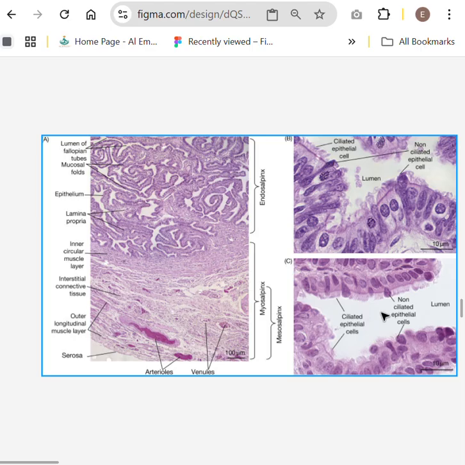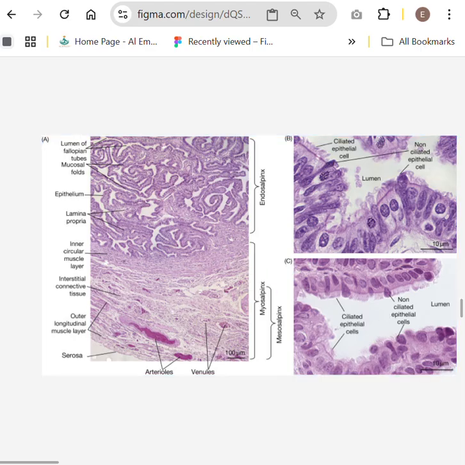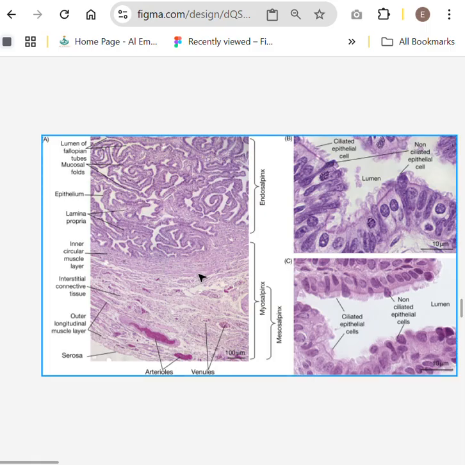Changes occur under the influence of the menstrual cycle, but there is no cell shedding during menstruation. And we can also see here what I said, that the inner surfaces of the fimbriae are covered by ciliated epithelium, similar to the lining of the fallopian tube itself.